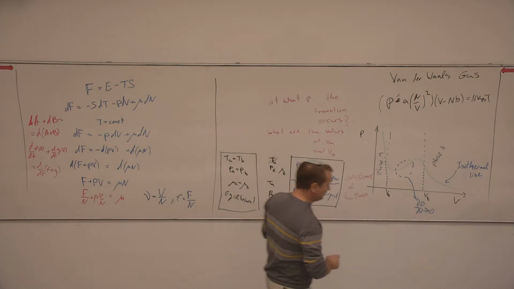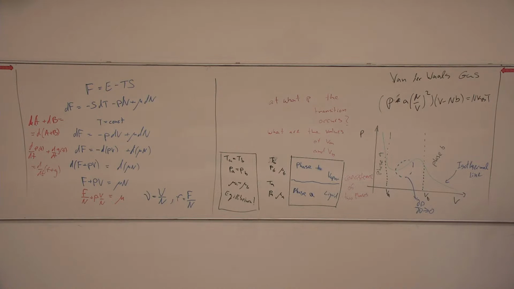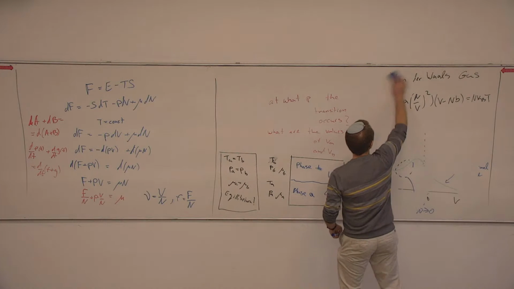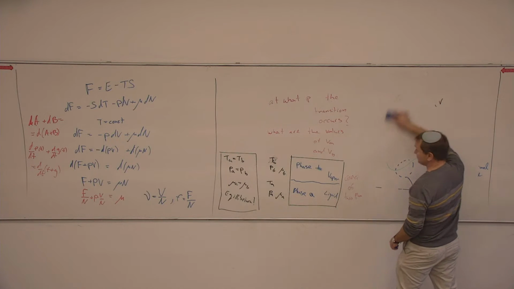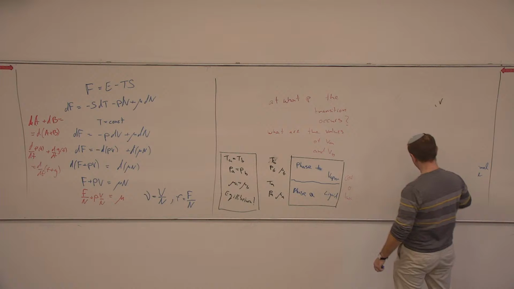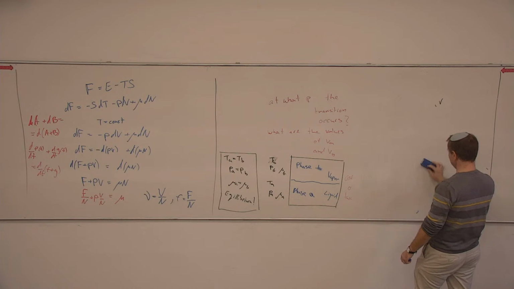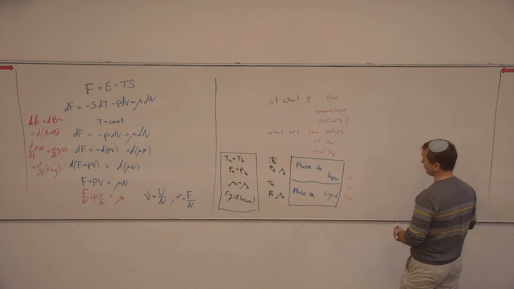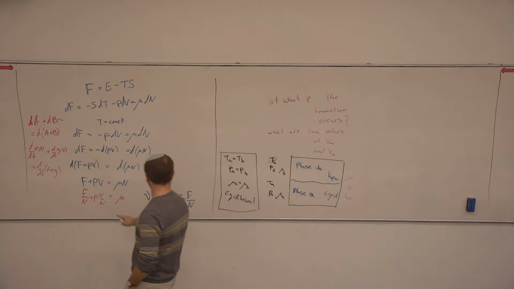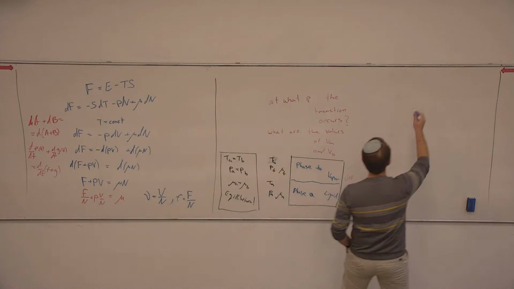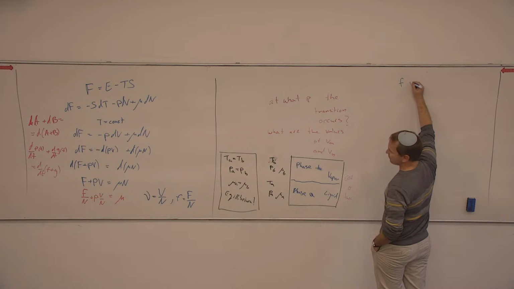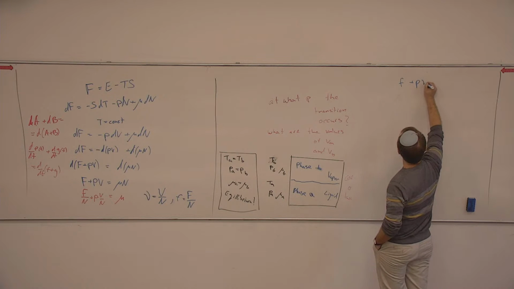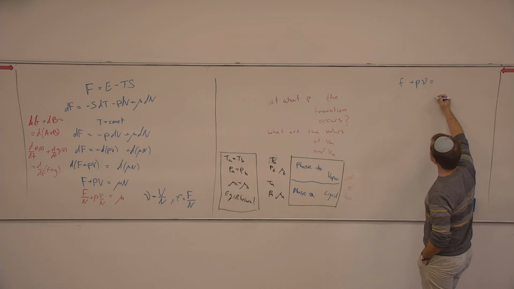Now, moreover, I can say the following thing. If I'm already looking at the two points of this transition, I can write it down with the mu and P. So we have f plus P nu equals mu.